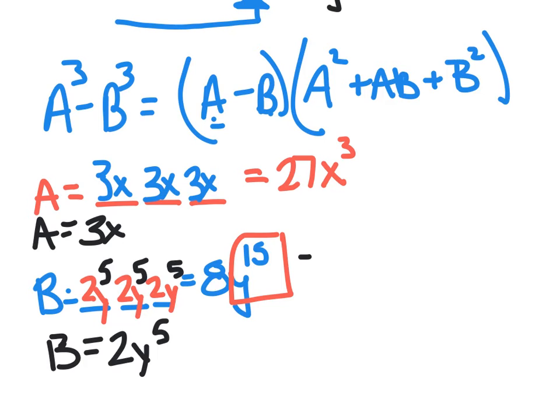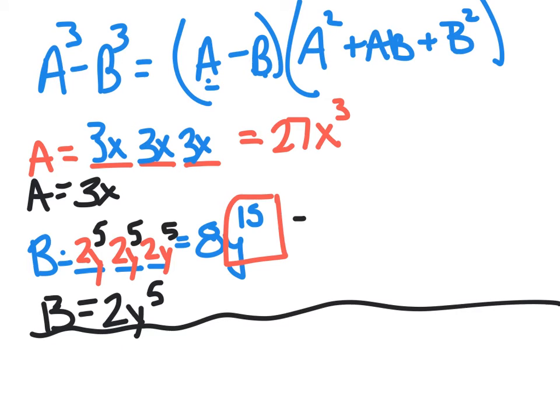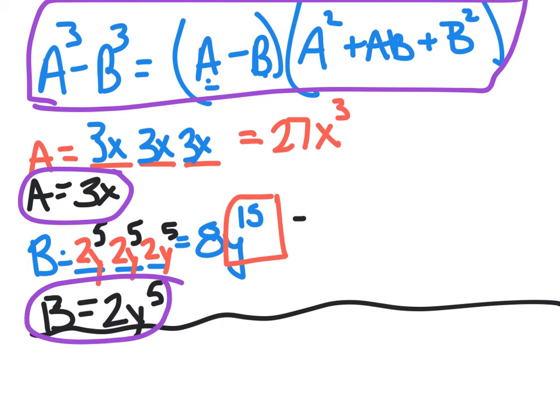All right, so now I just need to throw them into this formula, so to speak. So, I'm going to draw a line here, grab a different color. This is the formula I'm throwing them into. So my a value is, who did we say, 3x, and my b value is 2y to the 5th.